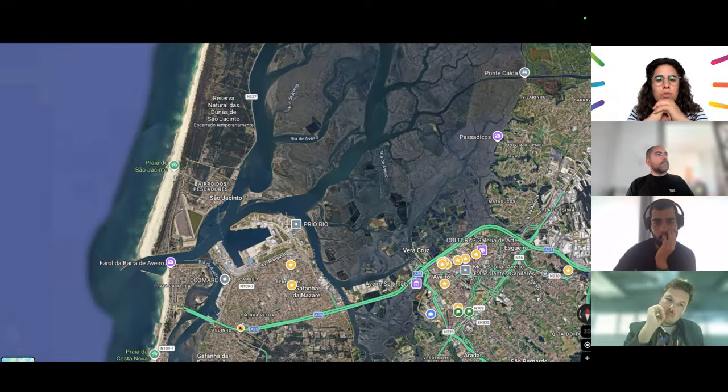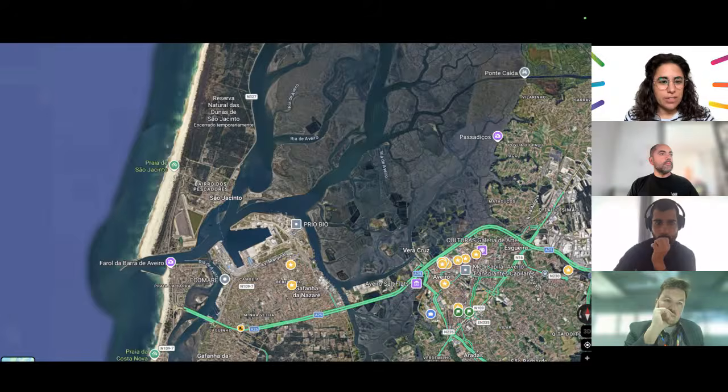So the entire event was developed in Aveiro, which is a region in Portugal characterized by marshlands, rivers, as well as the ocean. So we have lots of water bodies here. And so we tried to use this landscape to also feed into the first event.